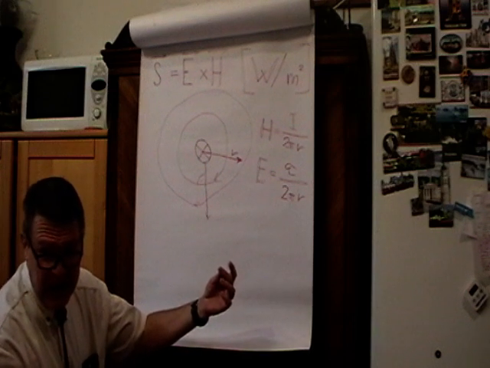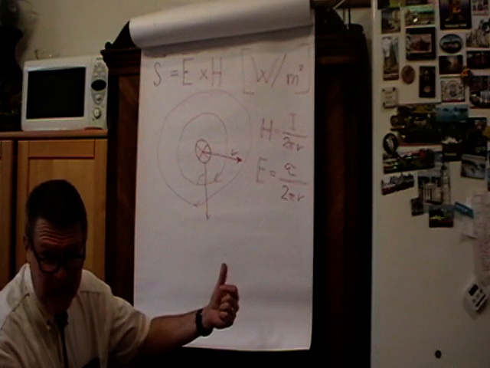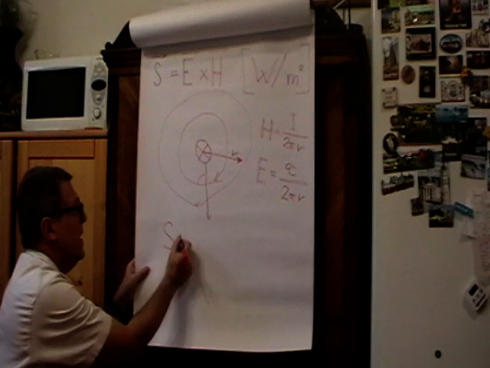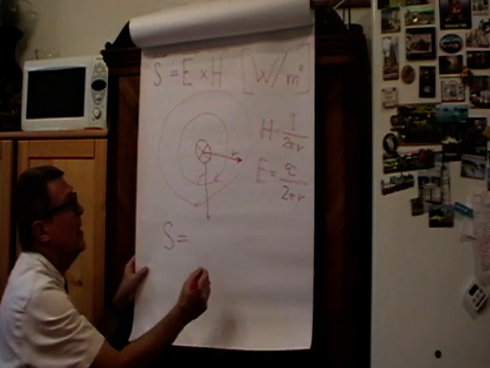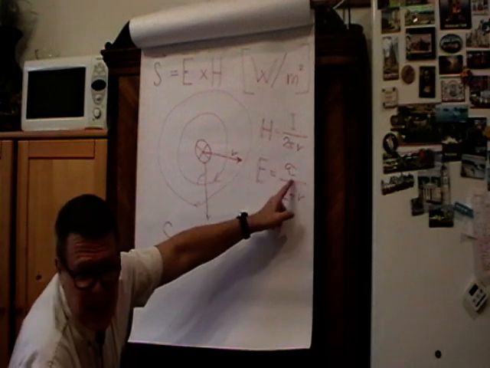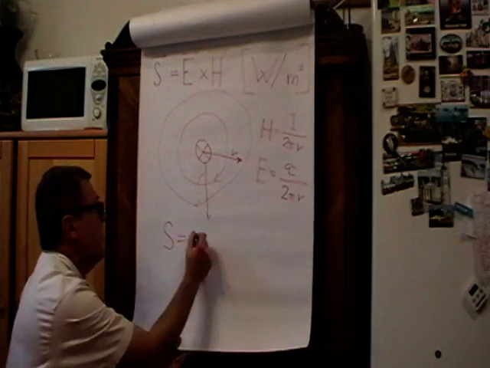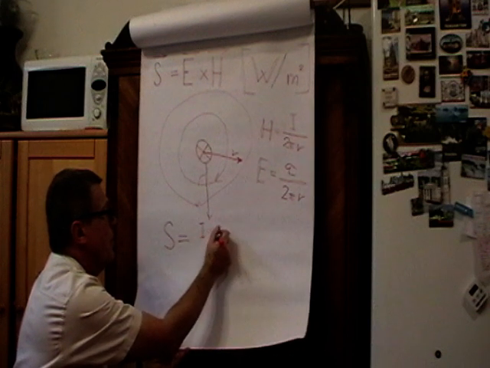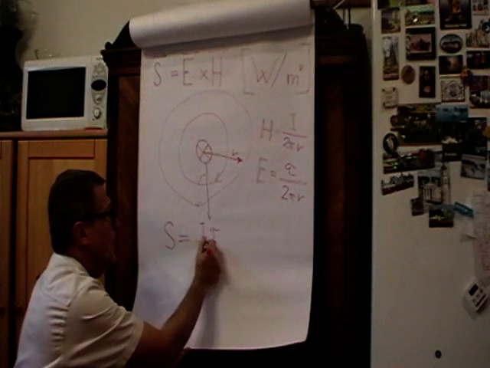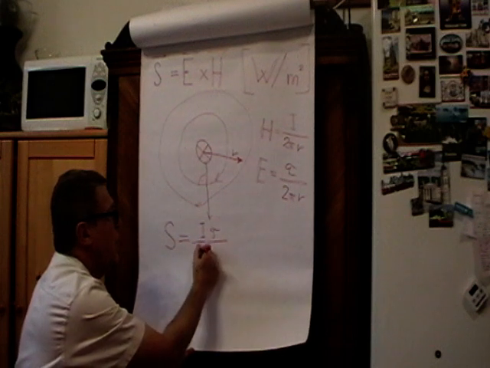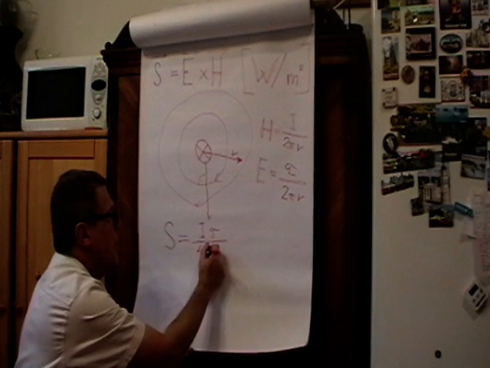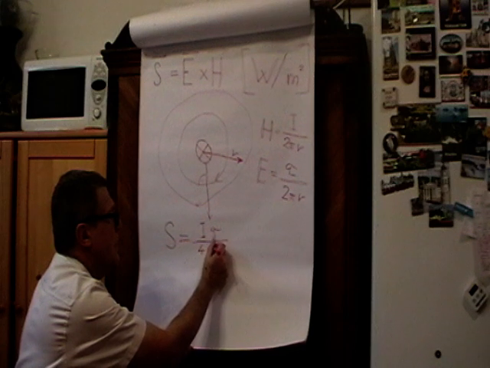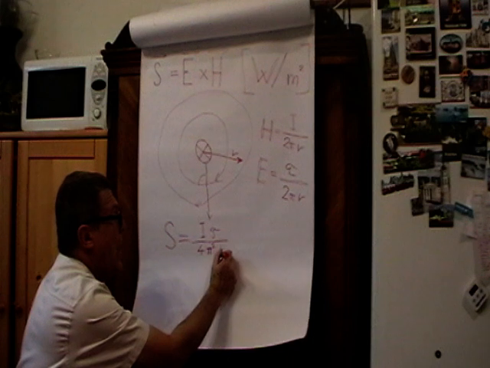What would be the value of the pointing vector, this S, which is equivalent to current times charge density divided by 4 pi squared r squared.